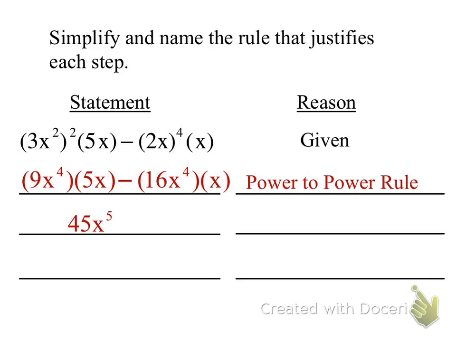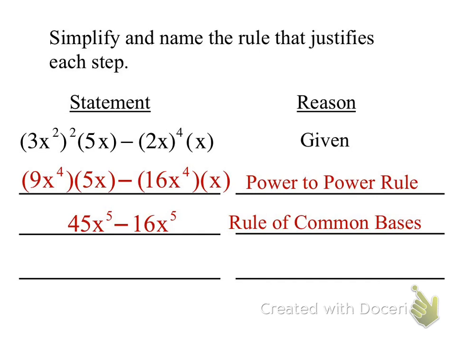Okay, so now we're using our rule of exponents, multiplying common bases. Got it? Yesterday's rule. And now what can I do? Yes, I think you can subtract x to the 5th minus x to the 5th, and then 45 minus 16? No. It's one term, and these are like terms. It's like if I have 5 x's and I subtract 2 x's, I end up with 3 x's.